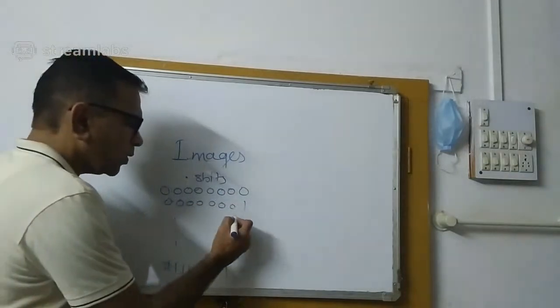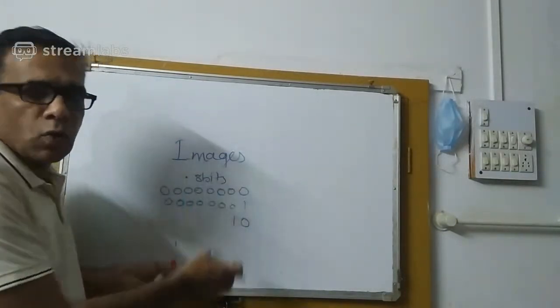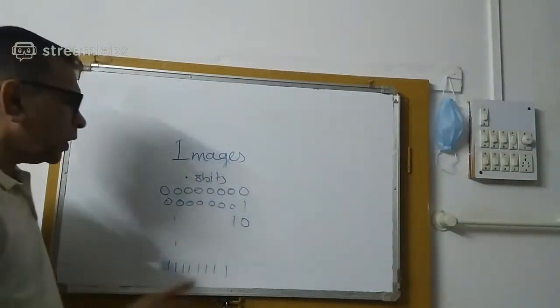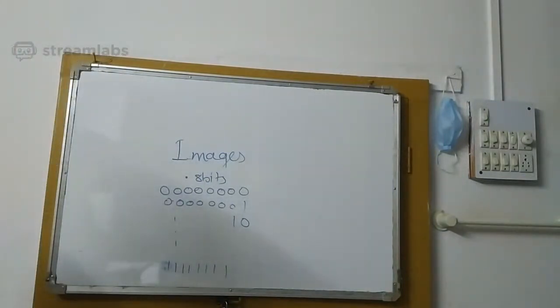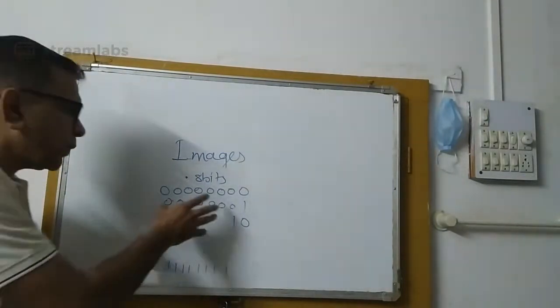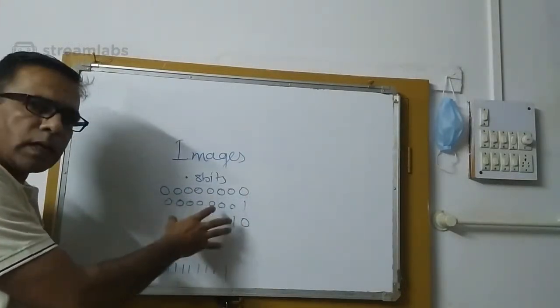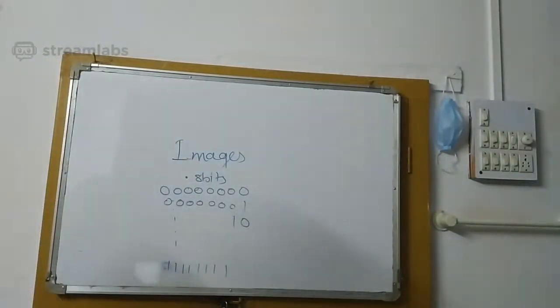The next one will be slightly lighter than this, and so on. It continues that way and goes up to white. So we have 256 different shades represented by these bit patterns, which are used to represent the pixels of the image.